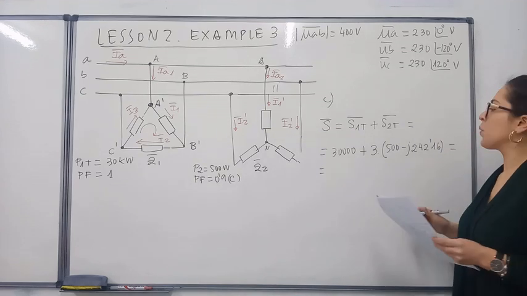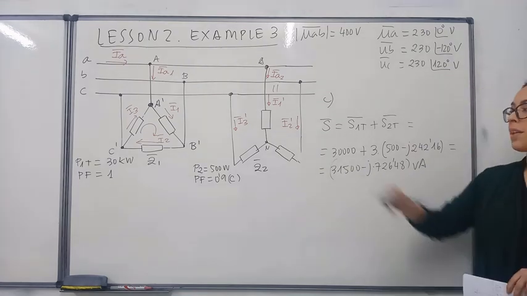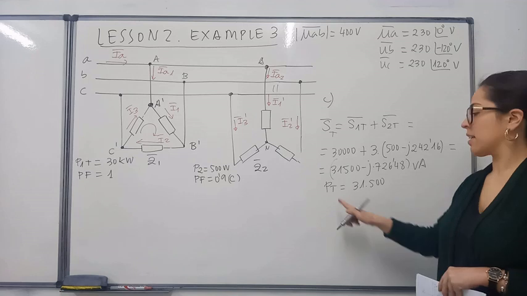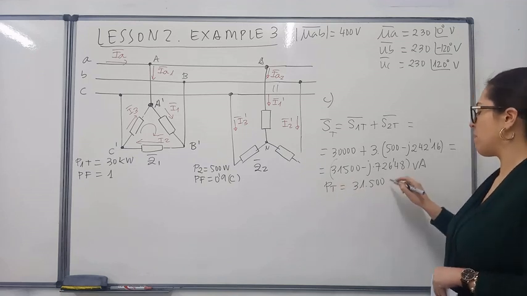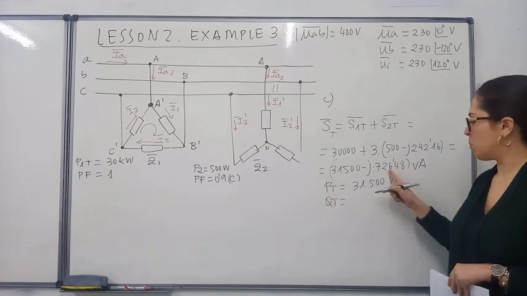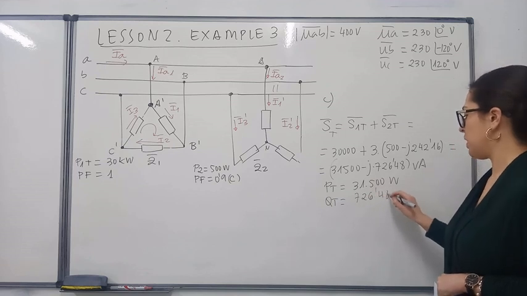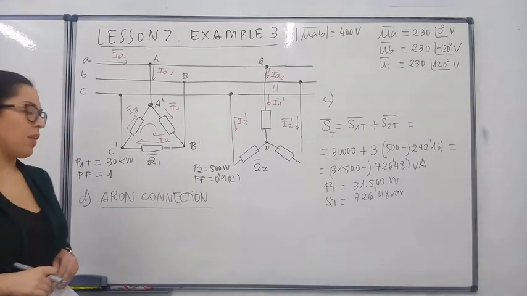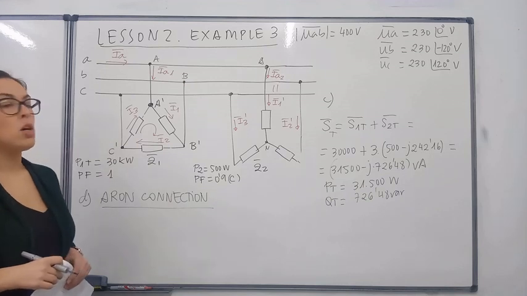If we sum both, we are going to get to this result. And this is the total complex power. As they also ask for the total active power, that would be 31,500 watts, and the total reactive power would be 726.48 volt-amperes reactive.